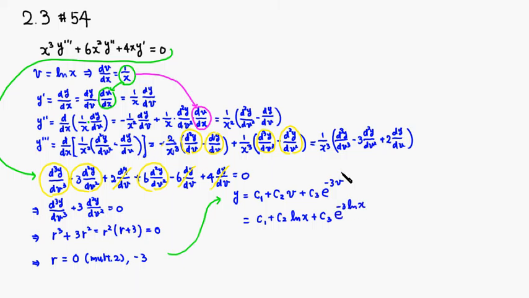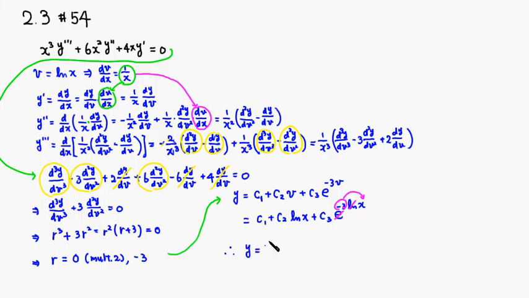Then we can actually put the negative 3 up here, and the exponential function and log function cancel out. So what you get is the final solution.